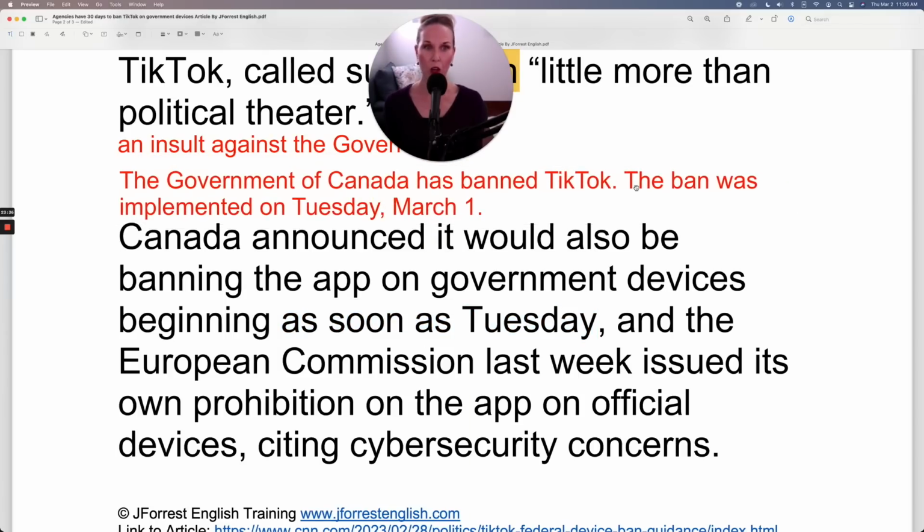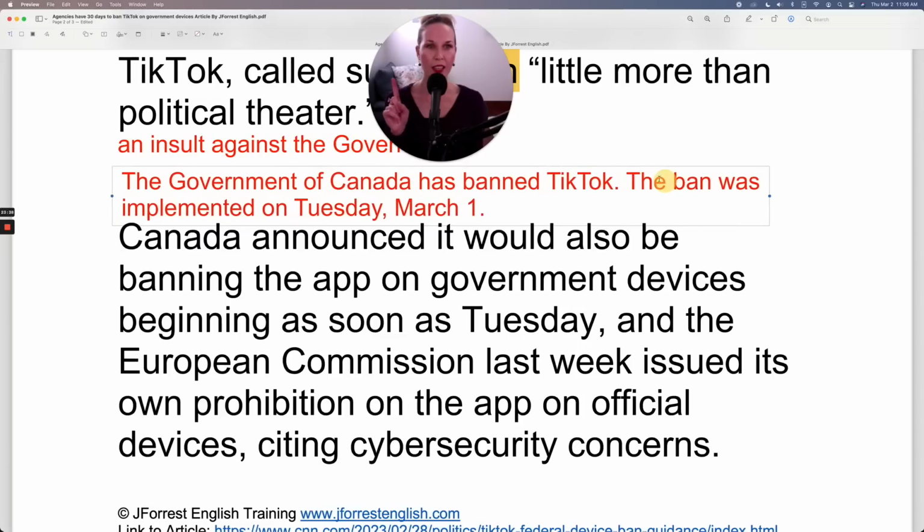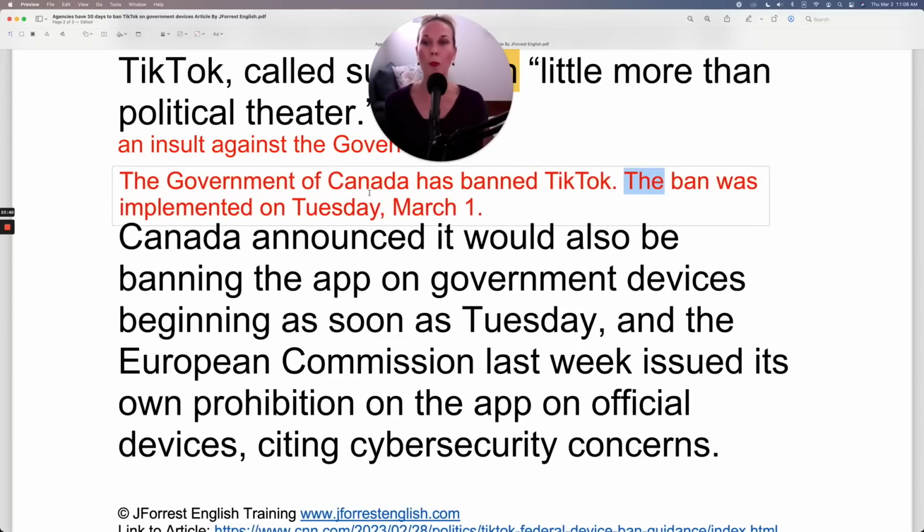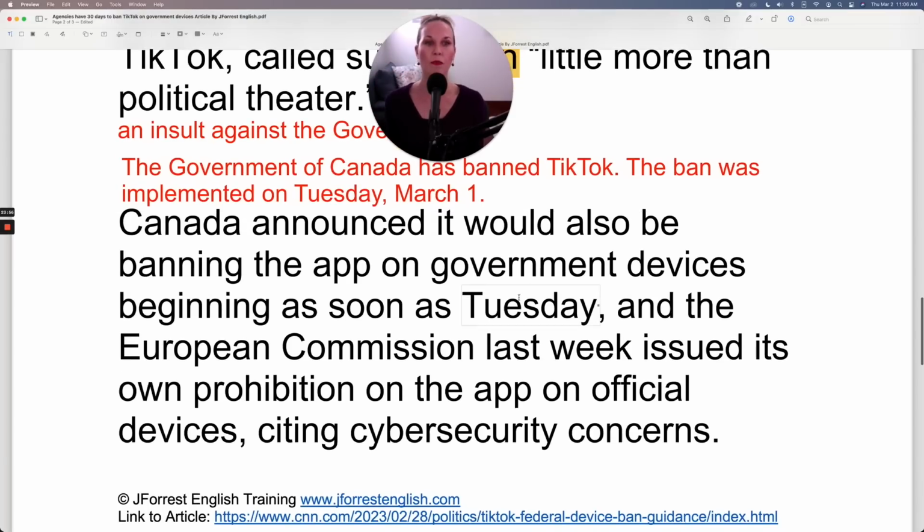Has banned TikTok. The ban, this is our noun, right? The ban was implemented. This just means when it started. Implement, you implement a government rule, policy, regulation, in this case, a ban, was implemented on Tuesday, March 1st.